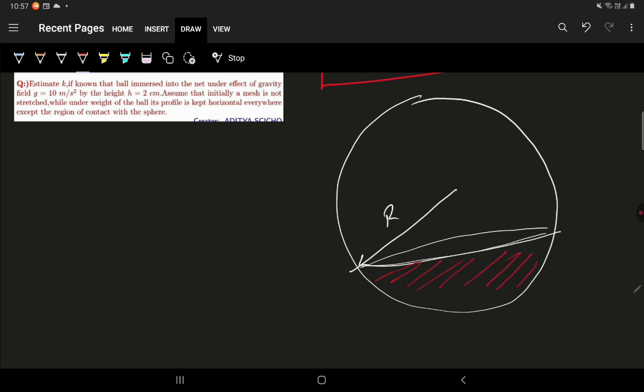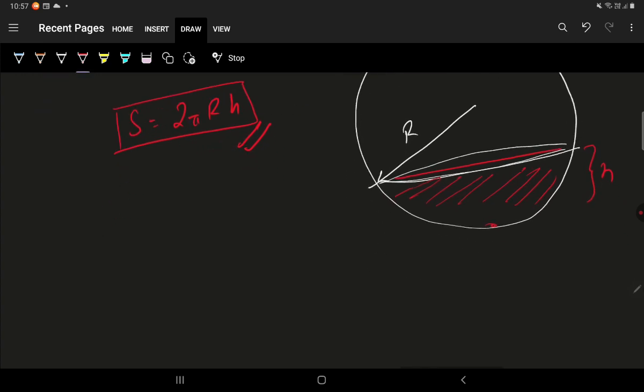Then the surface area of this cap, which we call the non-hemispherical cap or any cap, is given as 2 pi R h, where h is the distance between the tip of the cap and the base. This is a result you can prove, and it's a very interesting result. So now let's get back to the problem.